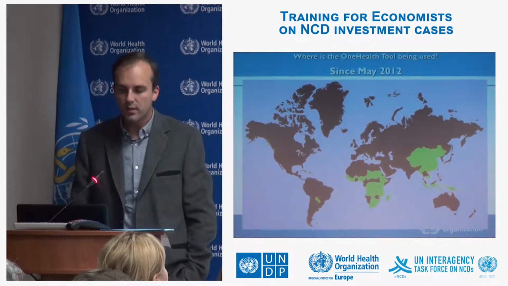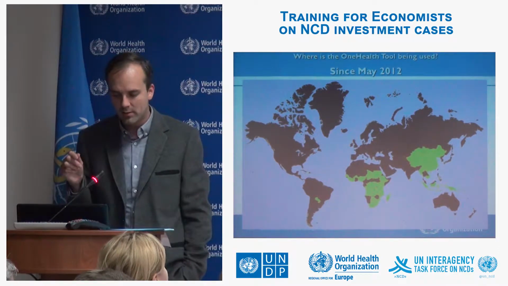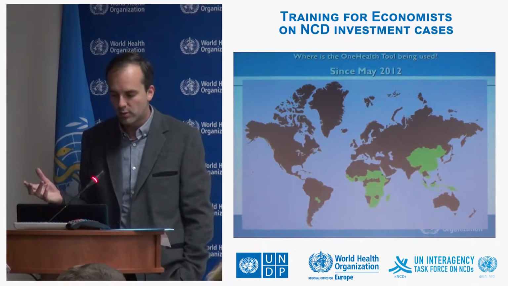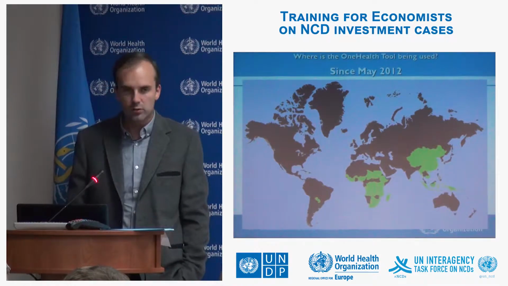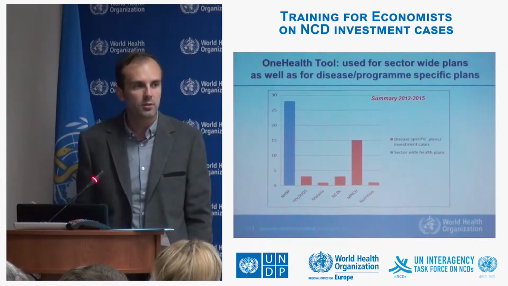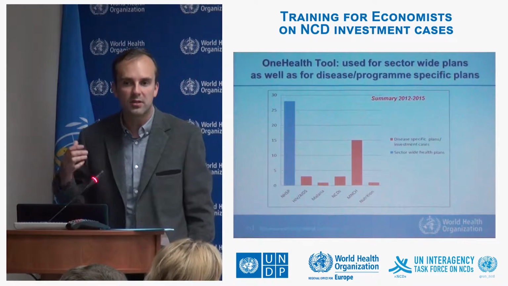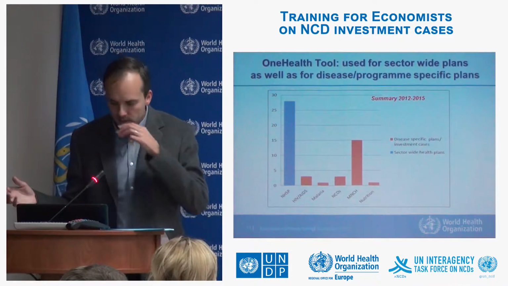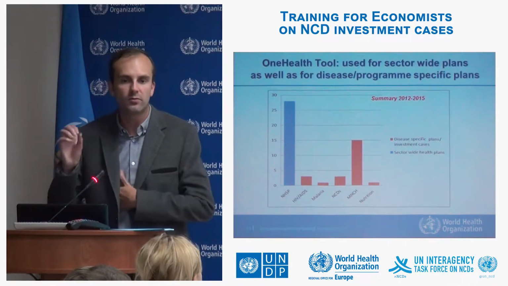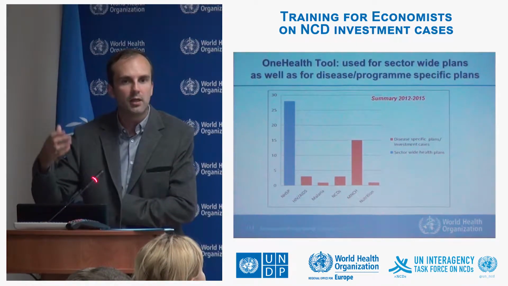So these are the countries that we know have applied the OneHealth tool. You see a lot of green, particularly in sub-Saharan Africa. That's where we have had a lot of interest so far in using it. But besides where in the world it's used, there's a big split in how it's been used, and you see the blue bar most of the time. It has been used to do these national sector-wide plans, and more recently has been focusing on things like an NCD plan or an NCD investment case.